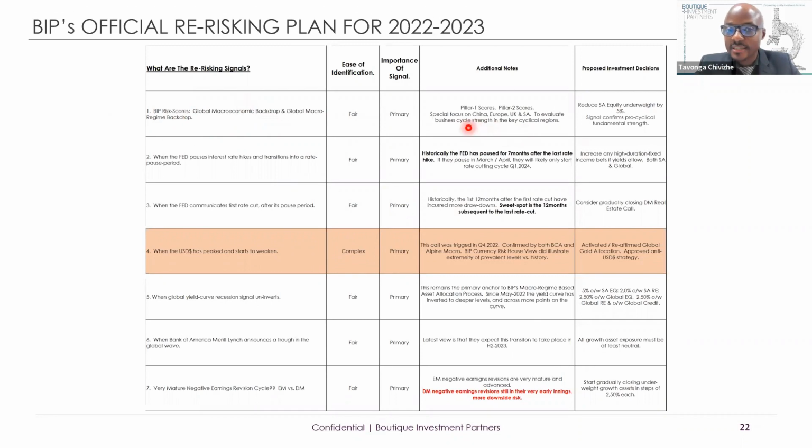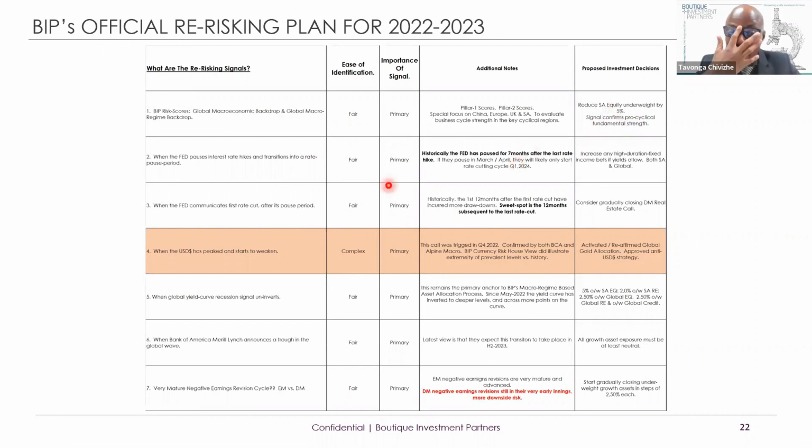And if China does come back and they announce a policy stimulus package that can influence these areas constructively enough, we would then have to reduce our South African equity underweight from -10 to -5. It would be irresponsible to close it out until the US recession fully played out, which is why we're not pretty much closing all of it.